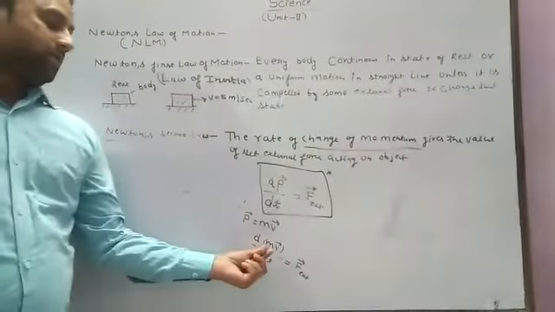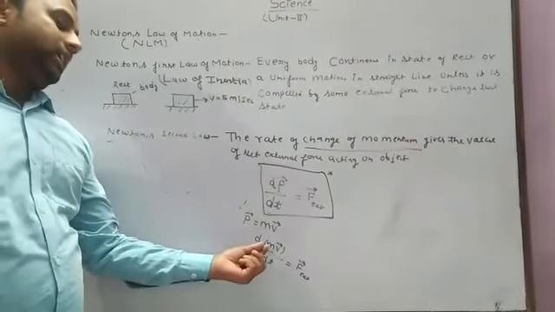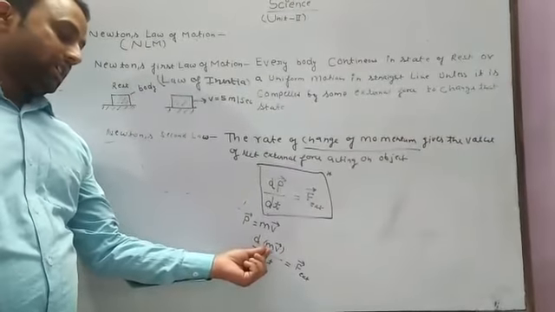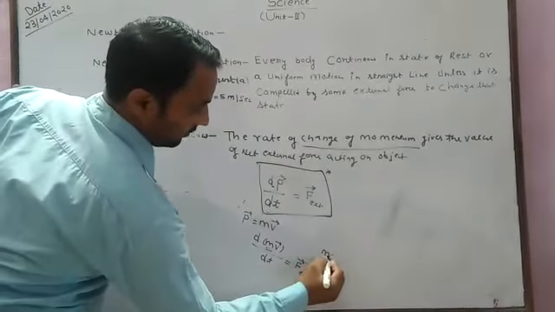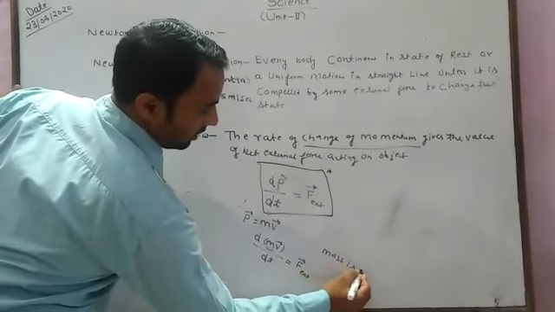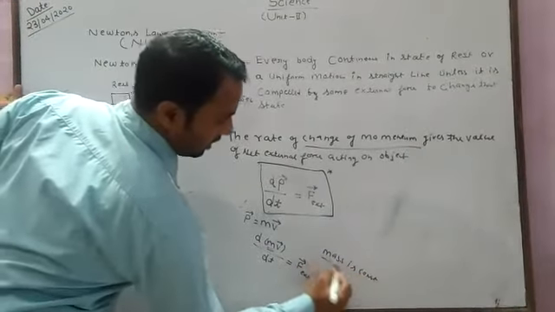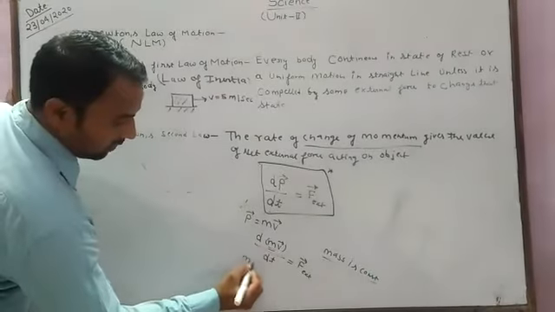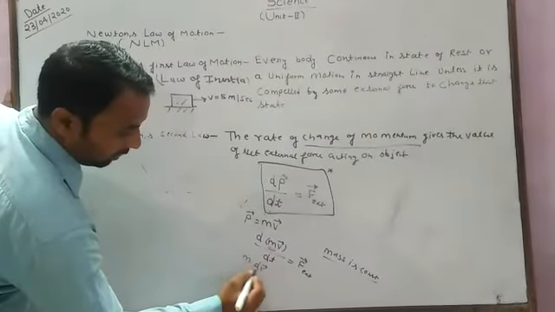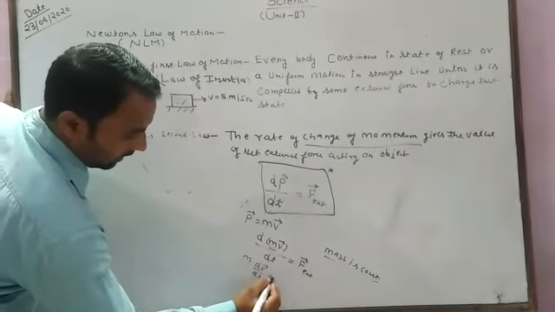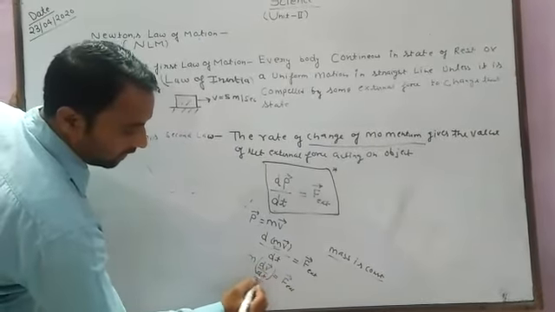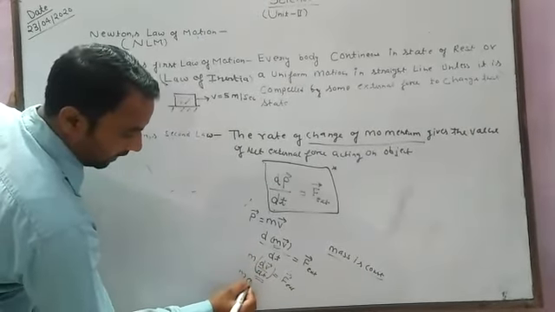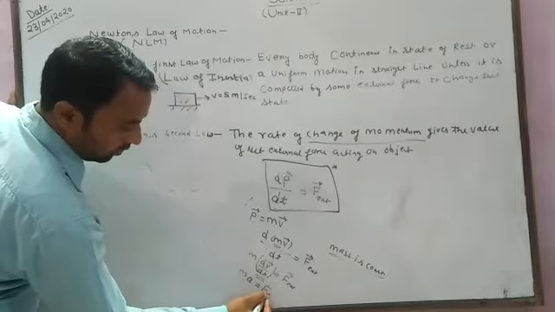In various cases mass is variable, but we cannot consider that concept here. We assume m is constant, so m can be taken out: m dv/dt equals F external. Here dv/dt is acceleration, so m times a is equal to F.